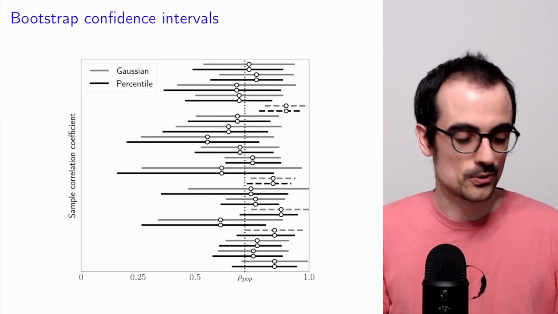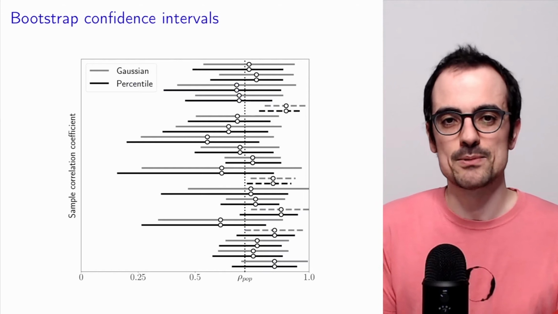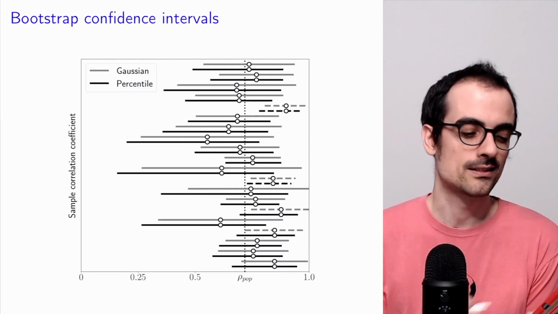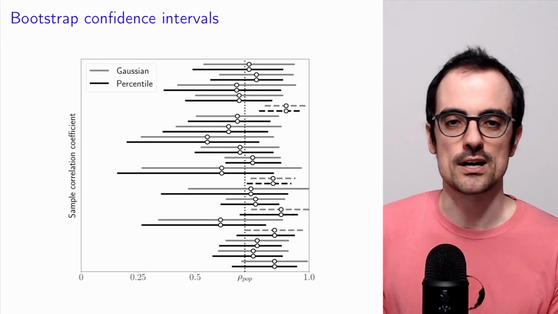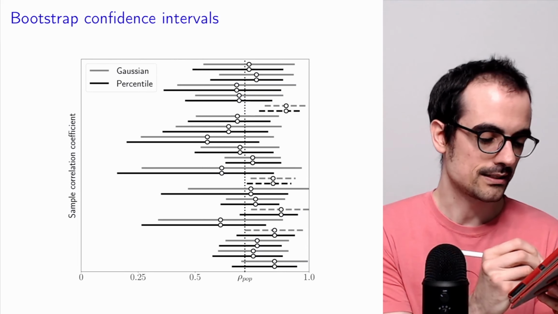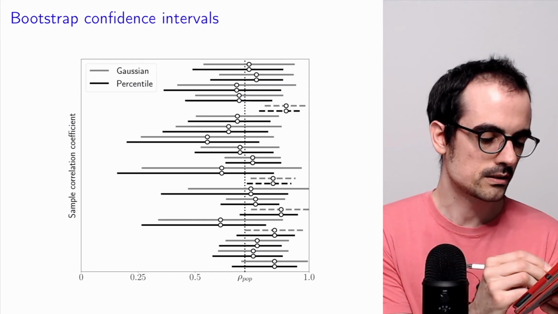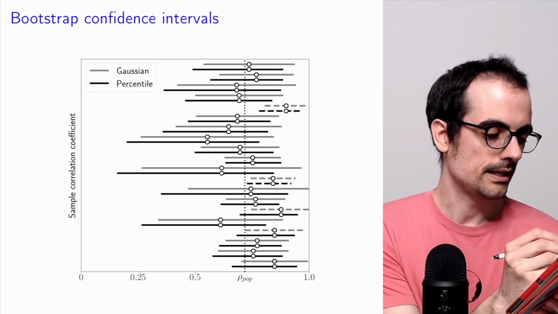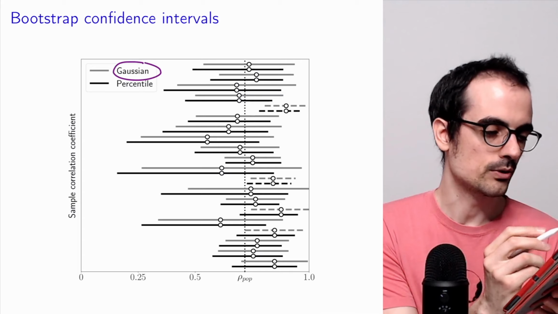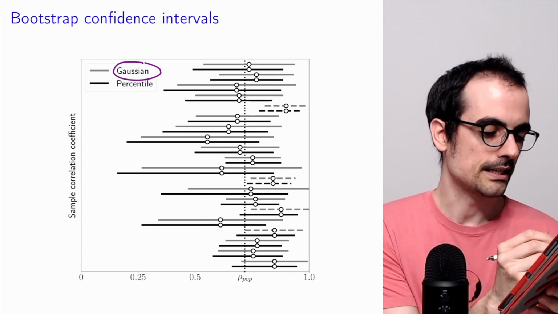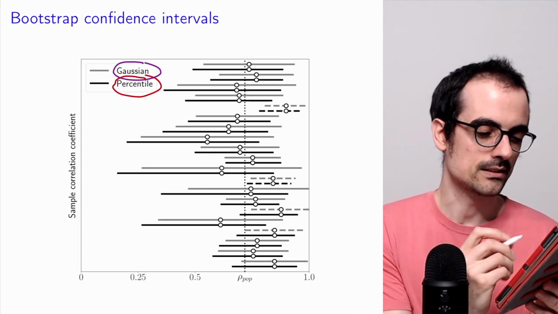And now I'm going to show you how this enables us to at least partially correct the confidence intervals that we obtain for our 25 samples. Here, in gray I'm showing you the Gaussian interval, and in black I'm showing you the percentile interval.